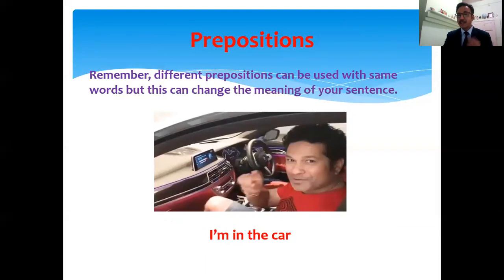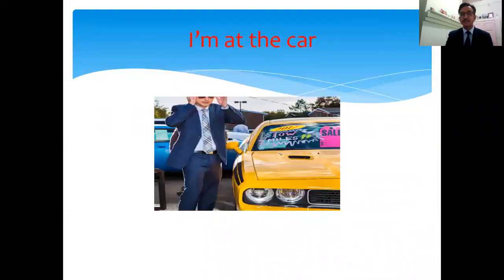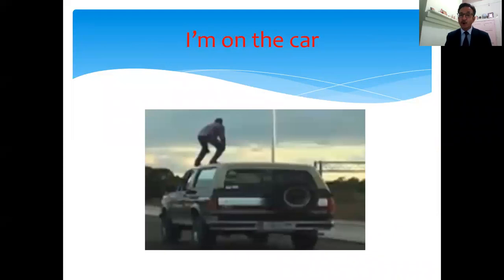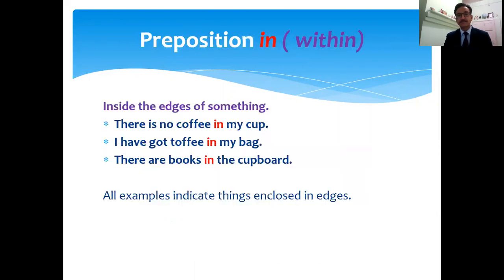He's saying, I am in the car. But this gentleman is at the car, not inside. Fine, he's at the car, near the car. I am on the car. This gentleman is standing on the car. You can see, on the car. There is the difference. In the car, at the car, on the car. Same sentence, different preposition changes the whole meaning.